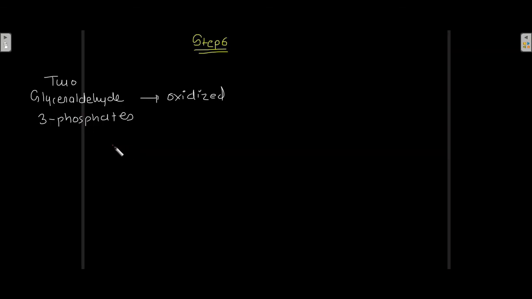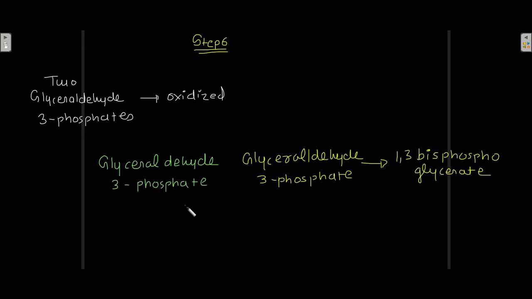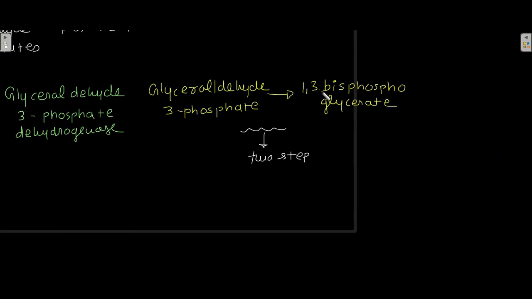Now in step 6, 2 molecules of glyceraldehyde 3-phosphate are oxidized. The enzyme glyceraldehyde 3-phosphate dehydrogenase catalyzes the conversion of glyceraldehyde 3-phosphate into 1,3-bisphosphoglycerate. This reaction occurs in 2 steps.